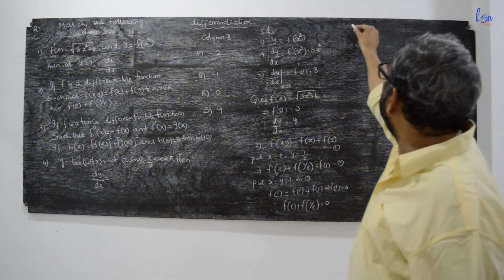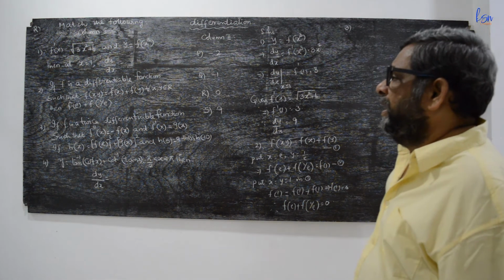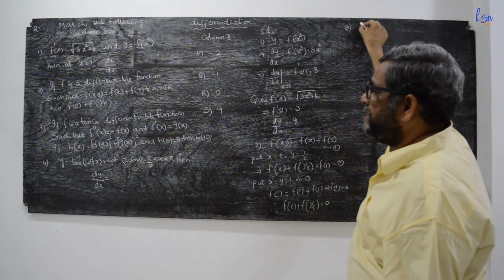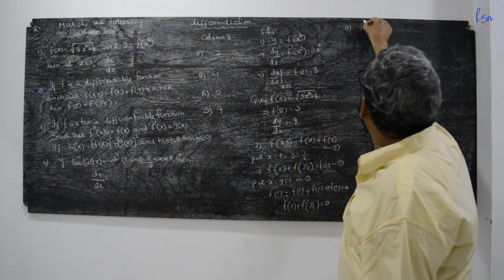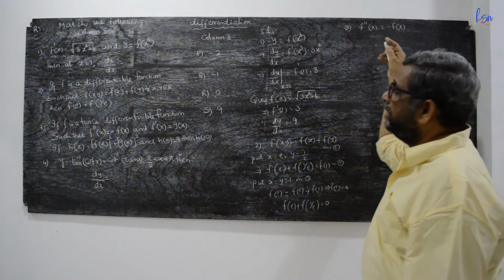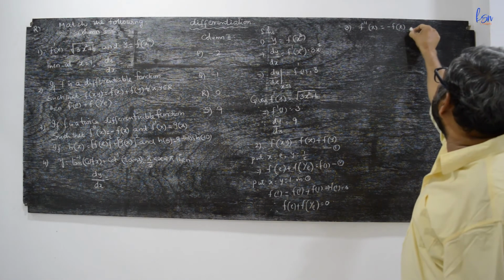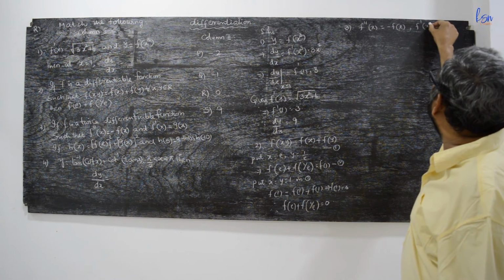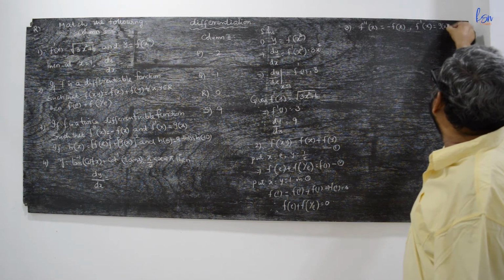Now, we will look into the third one. Given f double dash x is equal to minus fx and f dash x is equal to gx.